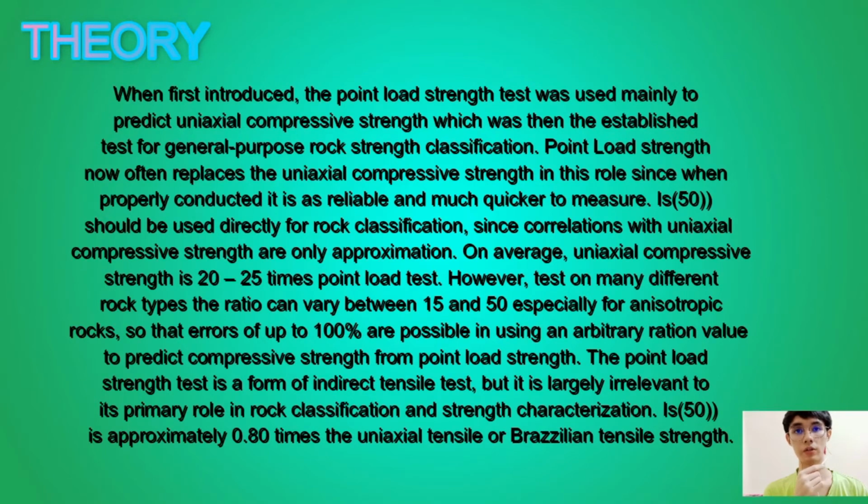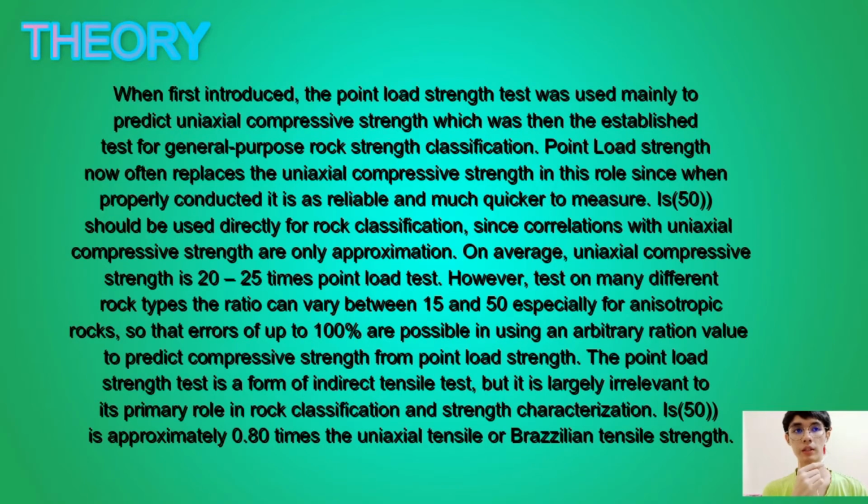On average, uniaxial compressive strength is 20 to 25 times the point load strength. However, in tests on many different rock types, the ratio can vary between 15 to 50, especially for anisotropic rocks. So errors of up to 100% are possible in using an arbitrary ratio value to predict compressive strength from point load strength.